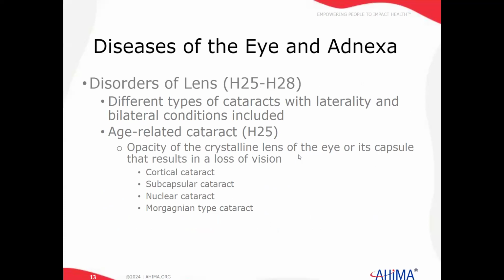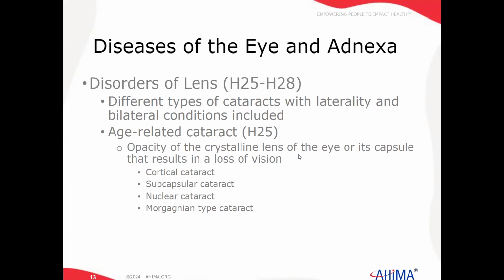Anything involving the lens is H25 through H28. And when we think of disorders of the lens, normally we think of cataracts. Cataracts, again, have a left, right, bilateral, and unspecified. For an age-related cataract, sometimes referred to as senile cataract, we have the code category H25.